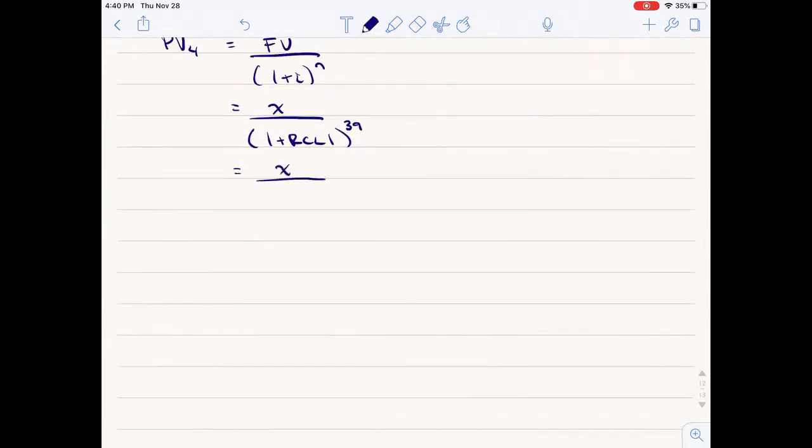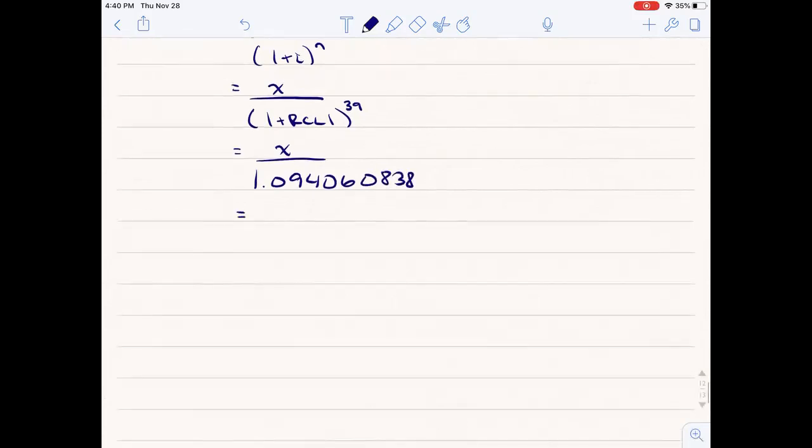So I get x over 1.0940600838, which is the same as 0.91402593 times x, which I'm going to store in 4 in an effort to try to remember where I've stored things.